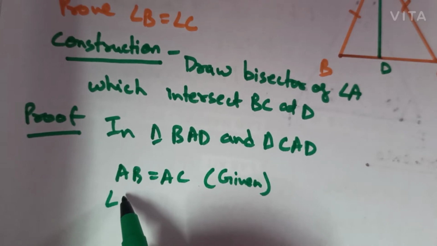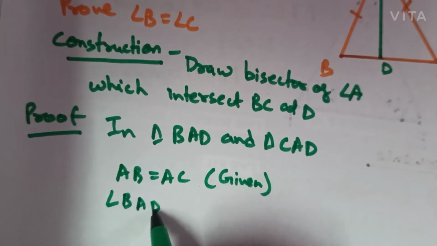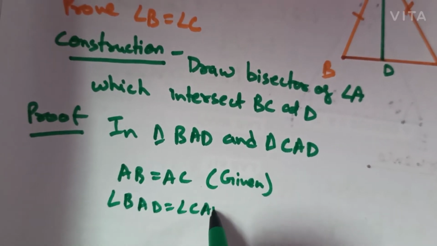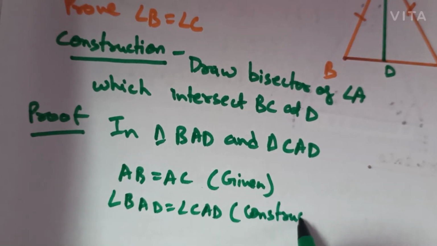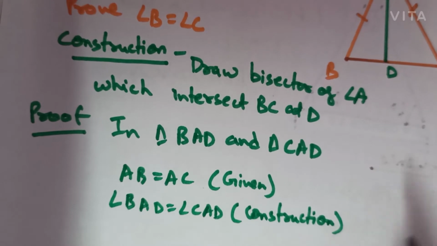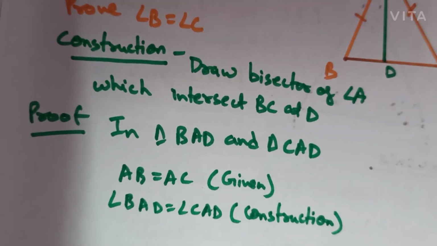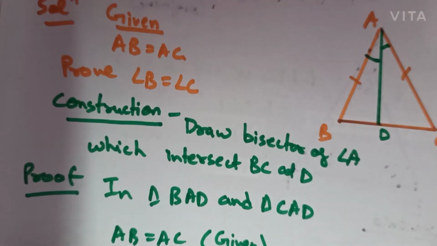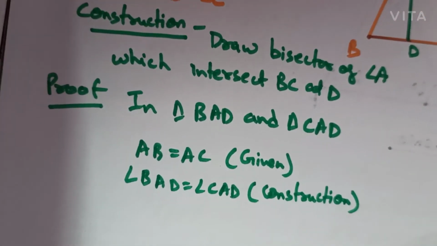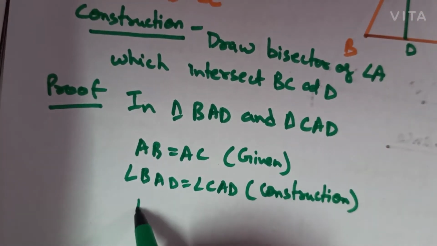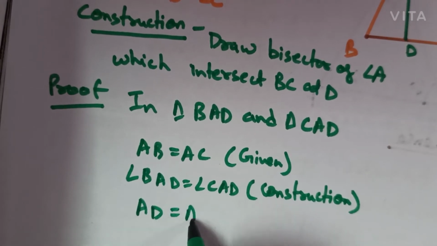Angle BAD is equal to angle CAD by construction, as we have drawn the bisector of angle A. AD is the bisector of angle A, so angle BAD and angle CAD will be equal by construction, and AD will be equal to AD because it is the common side.